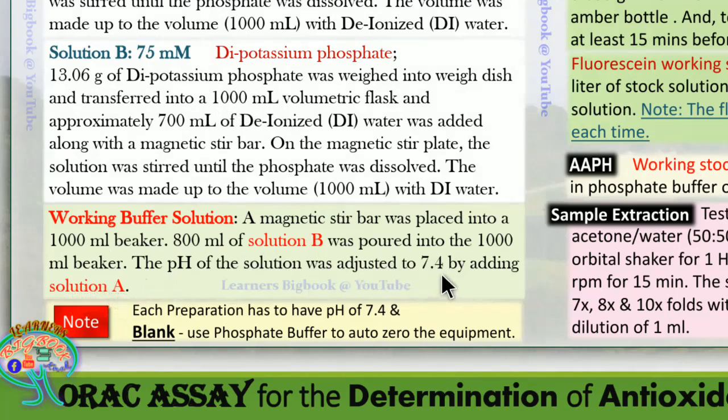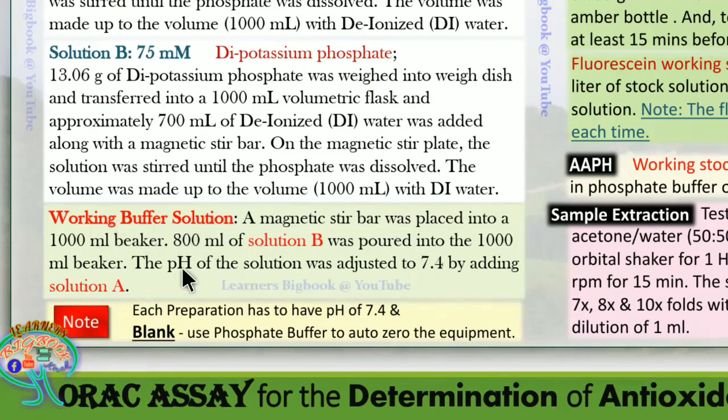So the first solution we take is solution B, which should be 800 ml, but whatever solution A we add is to make the pH 7.4. We do not take any particular amount to set the pH, but it is to be added to adjust the pH to 7.4. Remember this point. So this is how we are going to prepare the working buffer solution.